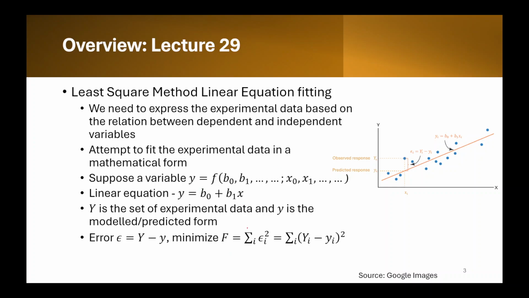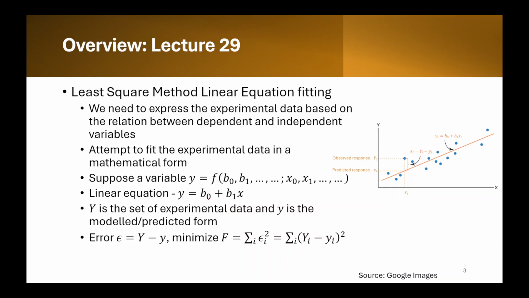So suppose there is a variable y, which is a function of many independent variables x0, x1, and so on, and the corresponding coefficients are b0, b1, and so on. This can be a general expression for a variable. Suppose there is a linear relation between the dependent variable and one independent variable.